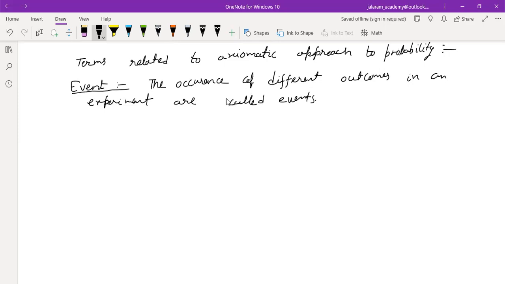This is the simplified definition of event, the occurrence of different outcomes in an experiment.